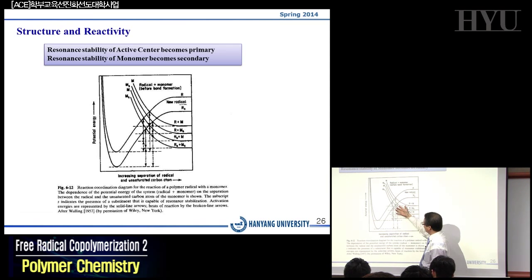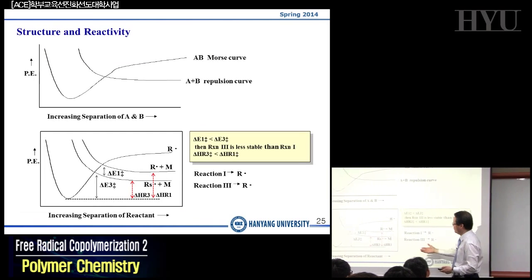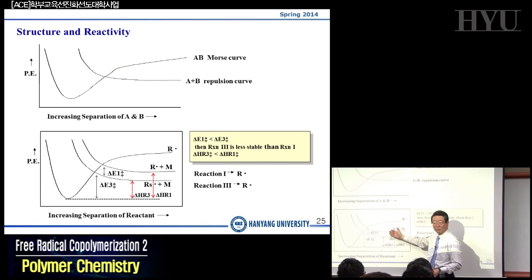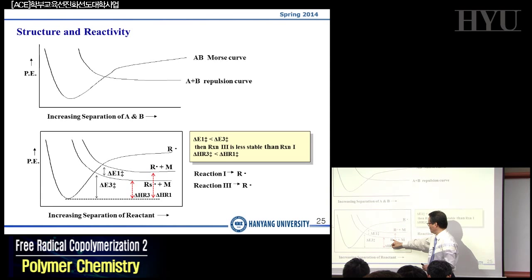This is too complicated, so let me explain with this simplified version. I have R, but I have M and MS. Yeah, R and MS.